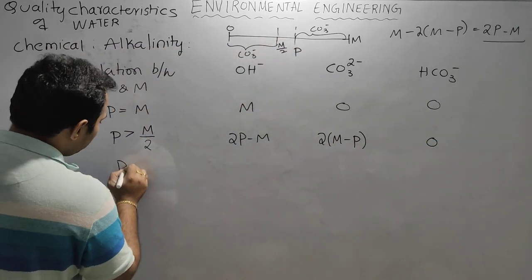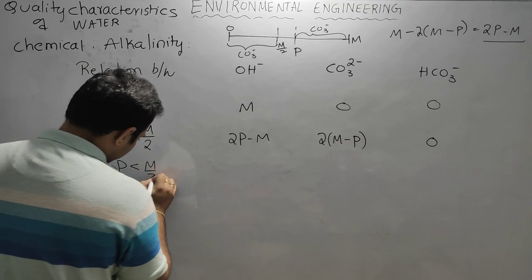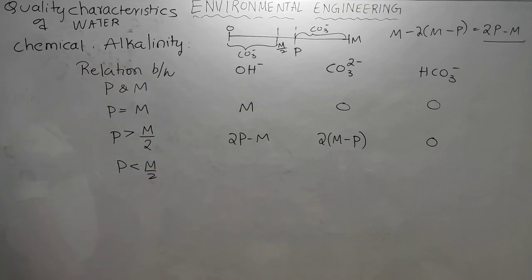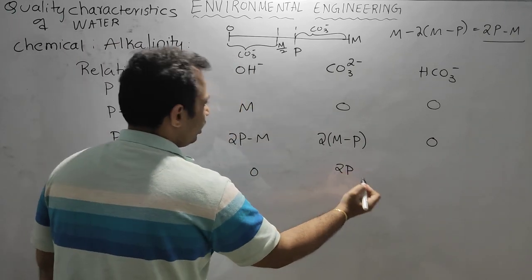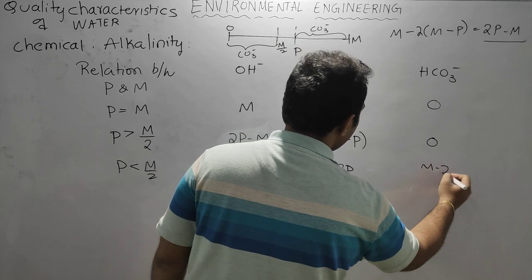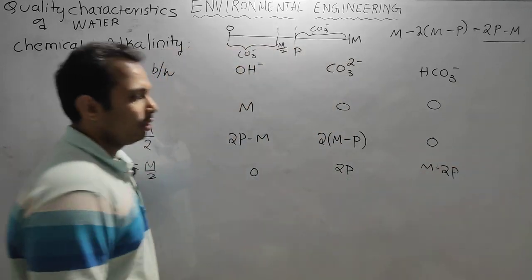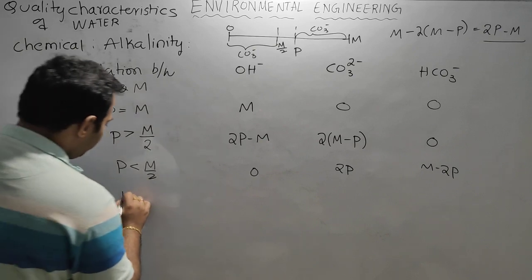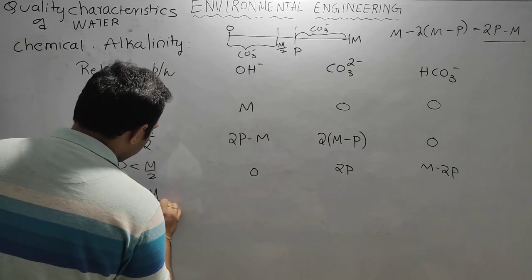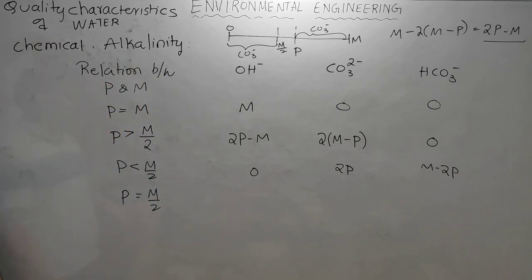If P is less than M by 2, then OH minus is 0, CO3 2 minus is 2P, and HCO3 minus is M minus 2P. Next is P is equal to M by 2. Then it is completely carbonate alkalinity.